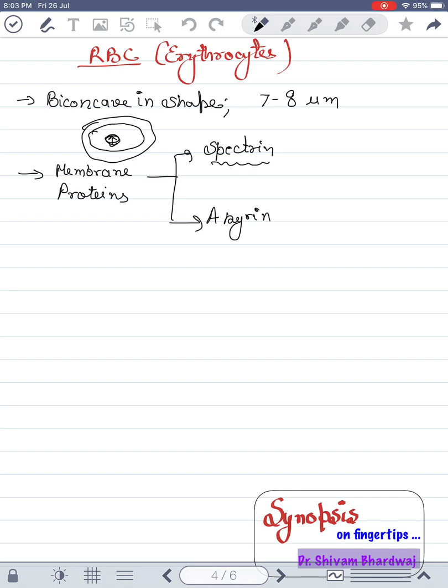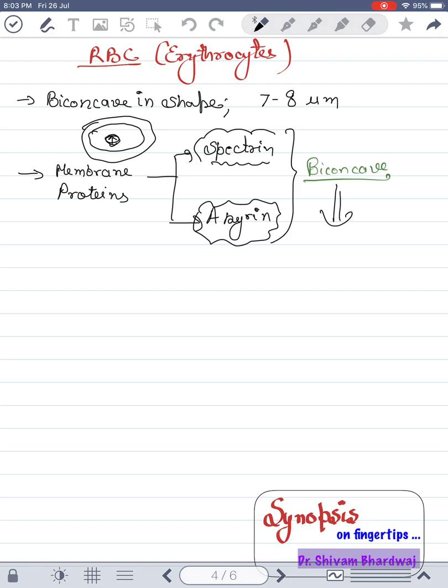So the spectrin and ankyrin proteins present on the membrane both help in maintenance of the biconcave shape of the RBCs, and this biconcave shape further helps these RBCs to cross small blood vessels.